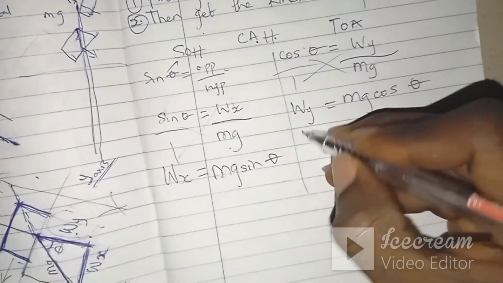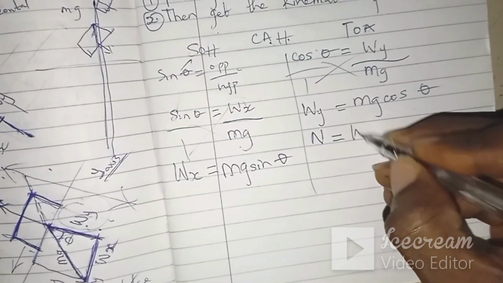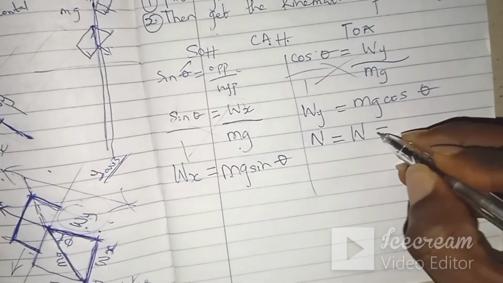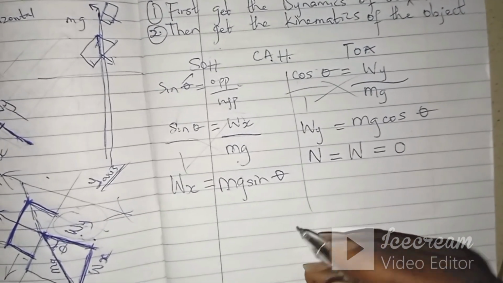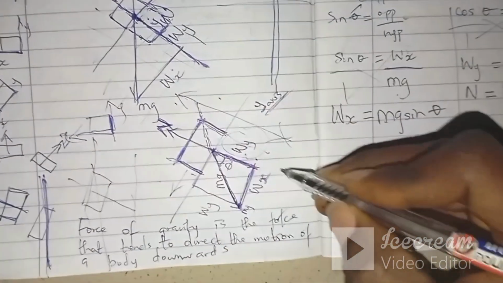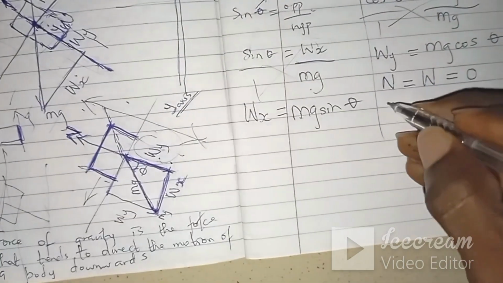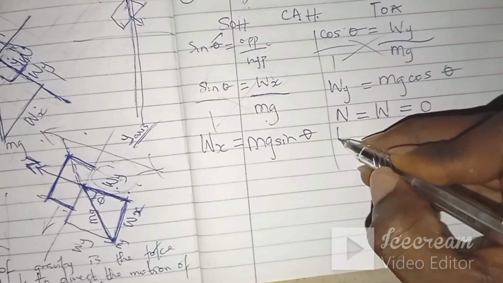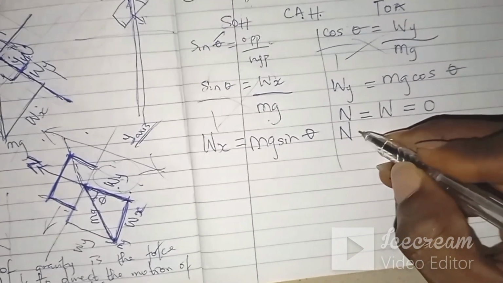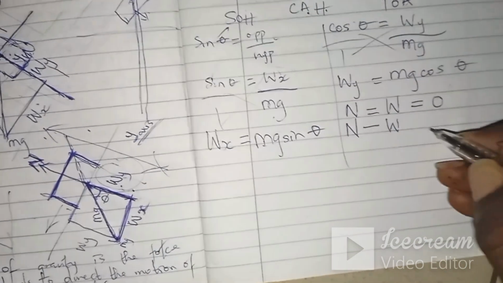So we say that N minus W is equal to 0, because there is no net force there. Or you can say, remember that this is upwards, this is downwards, and I taught you in class that in forces, action minus reaction.